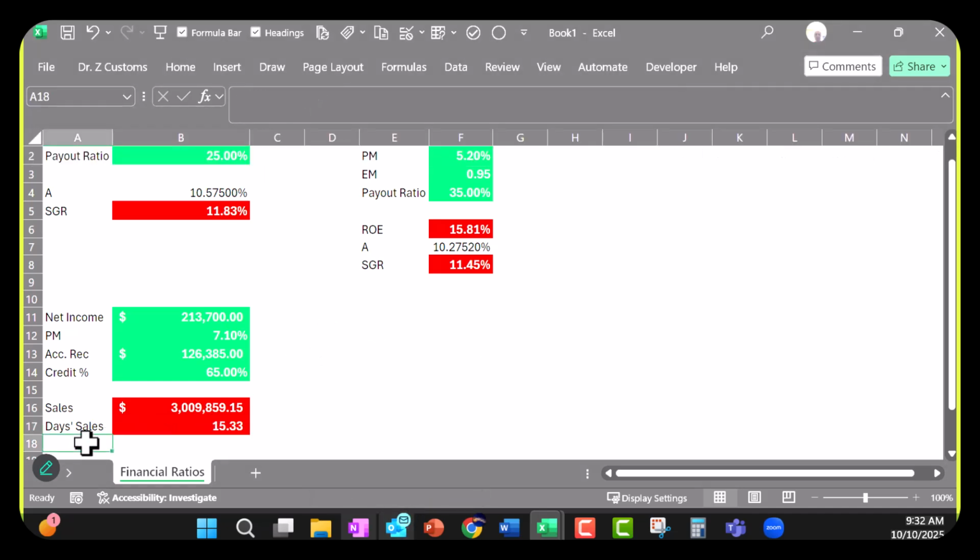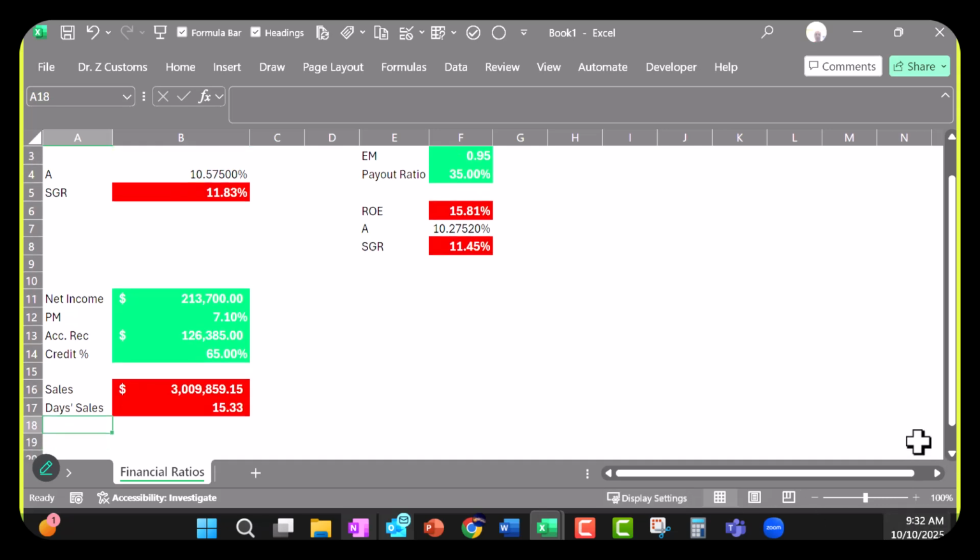And alternatively, we could have also calculated receivables turnover, which is sales divided by receivables.